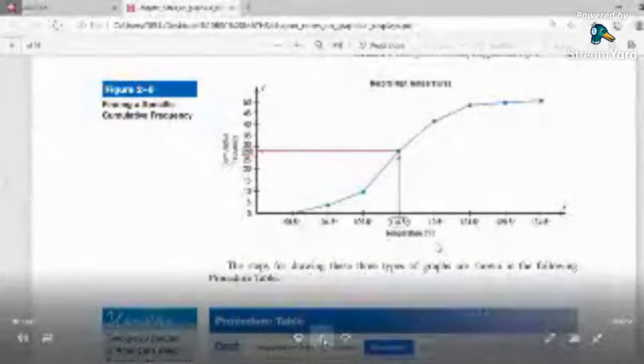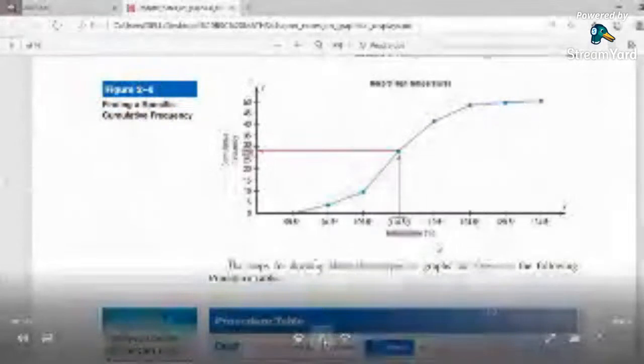You can see that. Suppose a researcher asks what is the distribution of temperature less than or equal to 114.5, we can easily observe that it is 28.